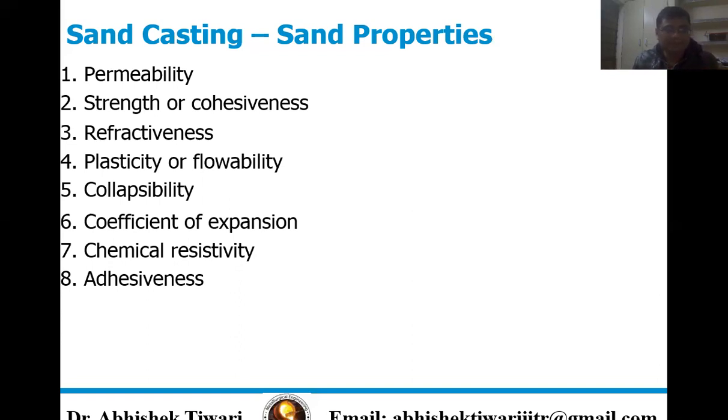Fifth property is the collapsibility. It is the ability of the molding sand mixture to decrease in volume to some extent under compressive forces developed by shrinkage of metal during freezing and subsequent cooling.